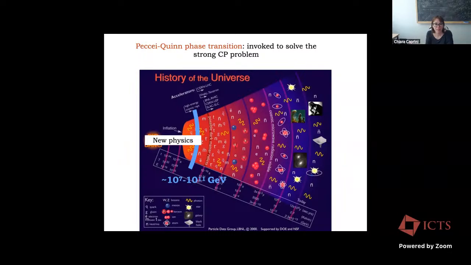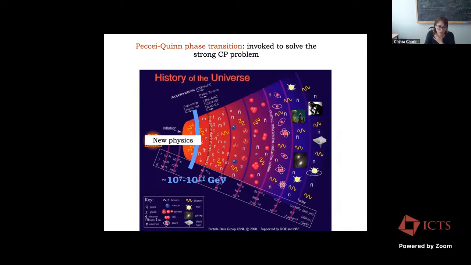Proceeding down in energy, one might encounter the Peccei-Quinn phase transition, a model that was proposed many years ago to solve the strong CP problem. This is observationally bound to 10 to the 7 to 10 to the 11 GeV.